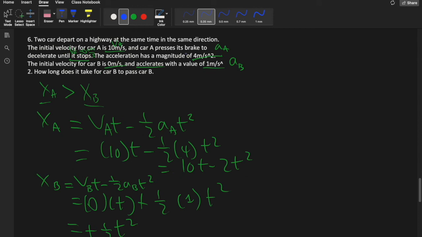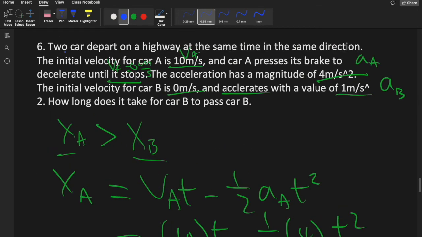No. Why? Because it says it decelerates until it stops. So we need to check if the solution is correct, right? Because it might have a negative velocity, so the car is running back, which is not the case for the problem. So we need to check the answer for t greater than 4.